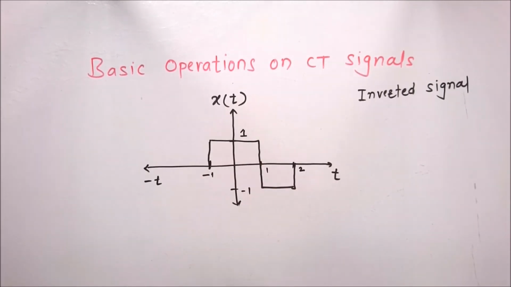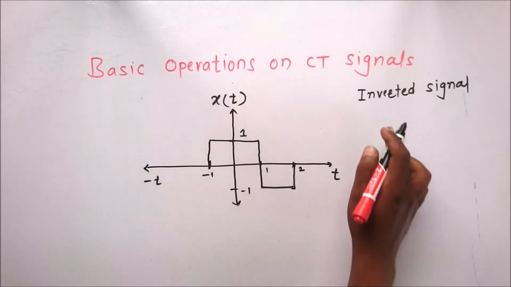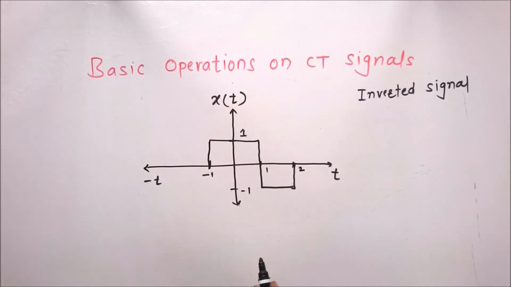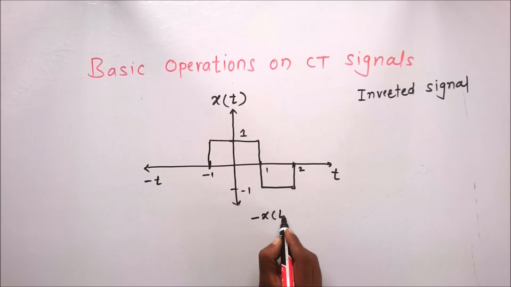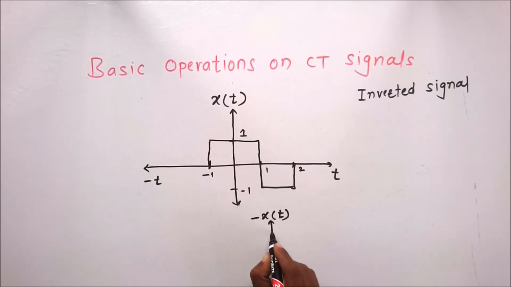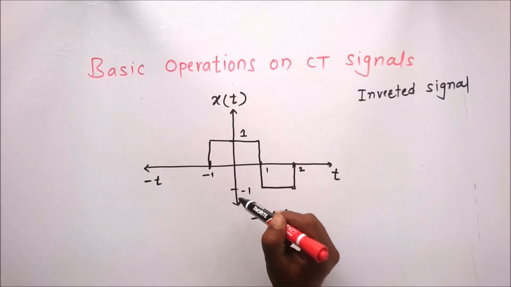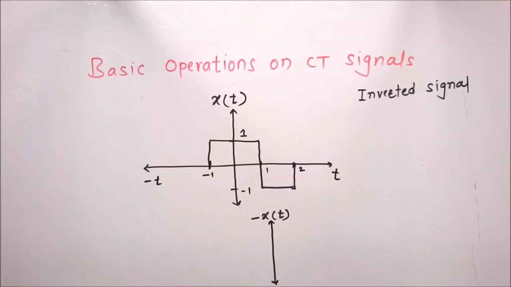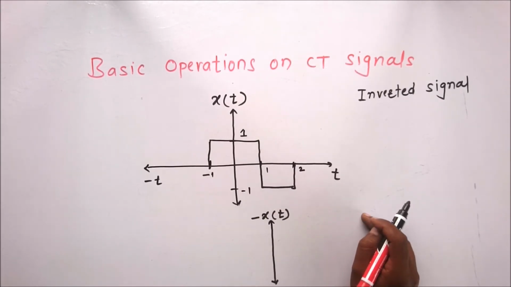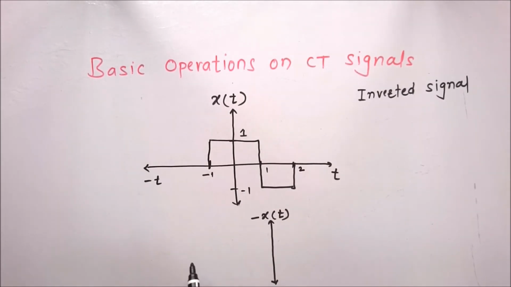Next operation is inverted signal operation. Now let's consider this is x of t, and inverted signal operation means we have to find out minus x of t. In this operation, the amplitude at plus will go to the minus, and minus amplitude will go to the plus. Means the signal is rotating about the x-axis.